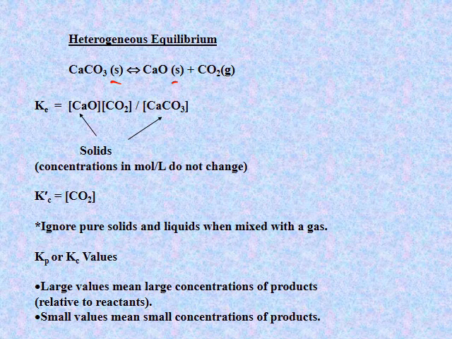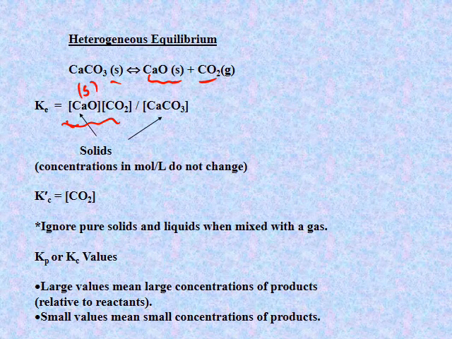First, you write it down exactly like homogeneous equilibrium, so product concentration on the top. Here you have calcium oxide and carbon dioxide. Initially, you don't worry about which one is solid, which is gas, and which is liquid. So let's write down: calcium oxide is a solid, carbon dioxide is a gas, and calcium carbonate is a solid.